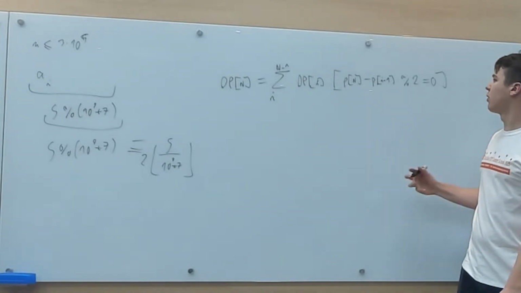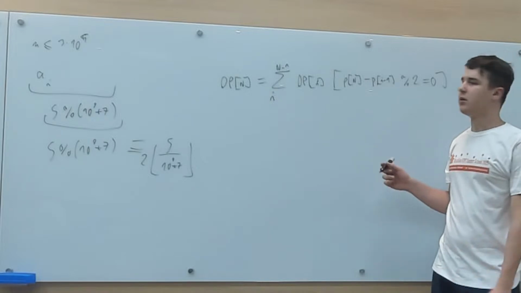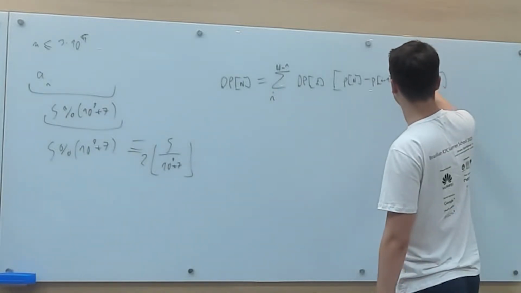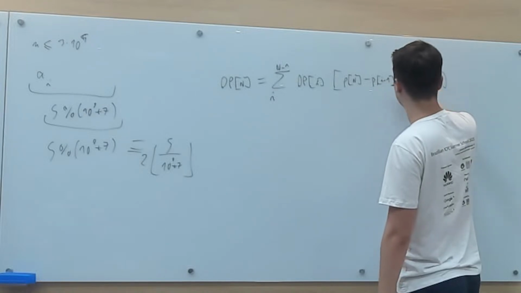So we want to consider all the splits. Sorry, here it is modulo 10 to the power of 9 plus 7.